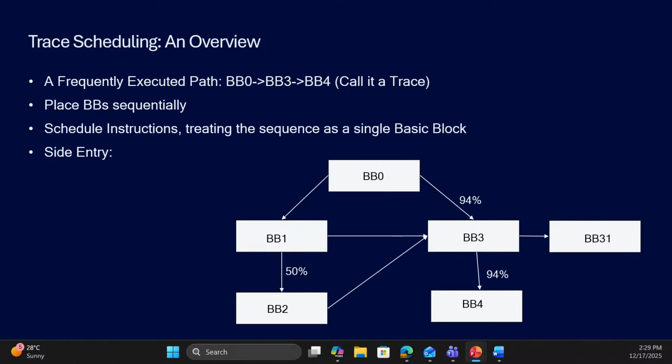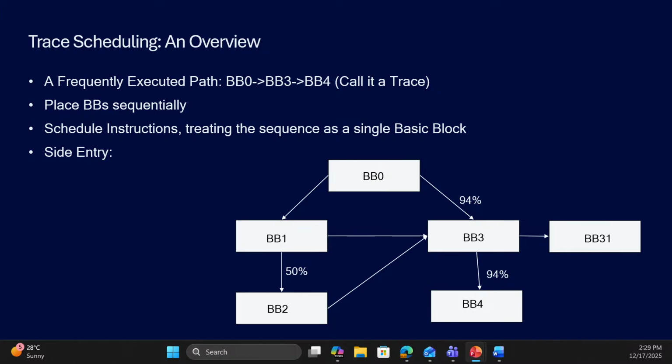Can you give an example of a side exit in this trace BB0, BB3, BB4? What is a side exit? This edge represents a side exit, right?